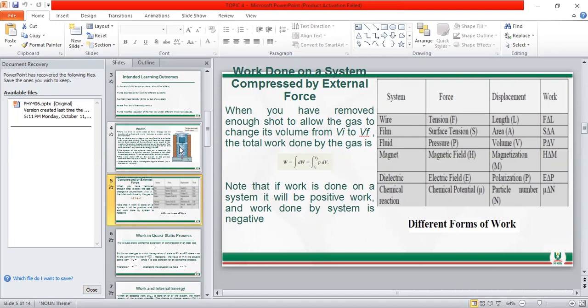Now, if you are to define work done, what is work done? What is work done? In our work, done is dS. If you are told to get work done in your conventional, the normal work done, the definition you have.